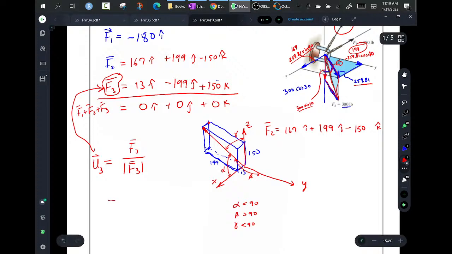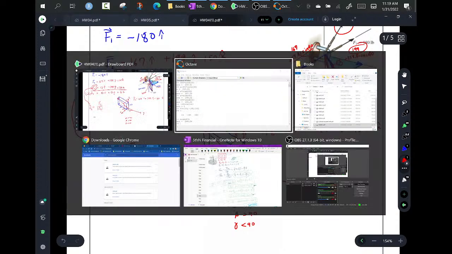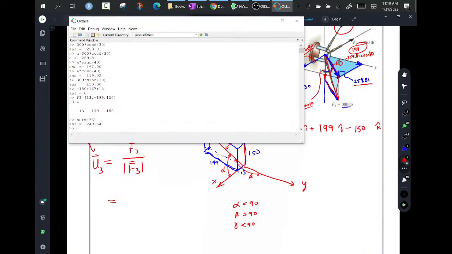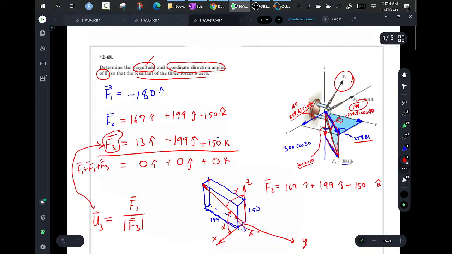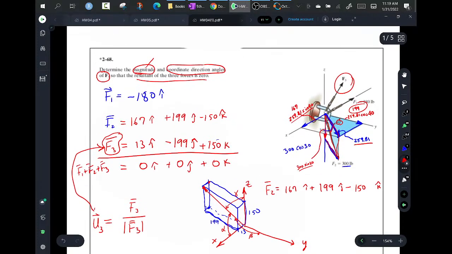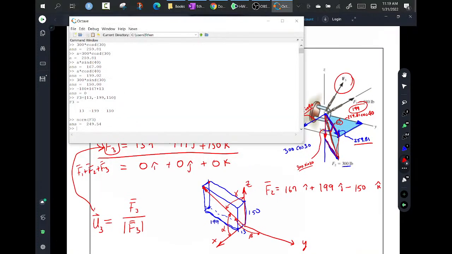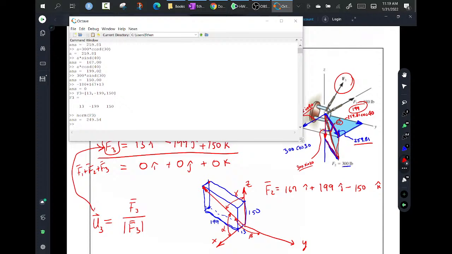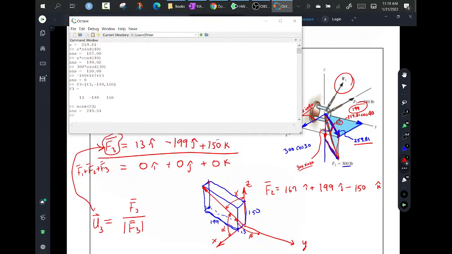So that's actually not that hard to come up with if you have something like this sitting in front of you. First of all, I need to be able to, I already have F3. I've written F3 in there.